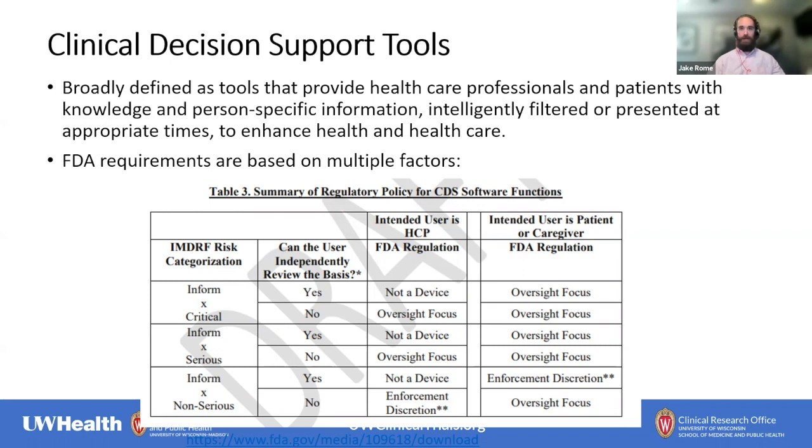And it's really going to depend on how sophisticated that algorithm is. So if you're talking about using any sort of artificial intelligence or machine learning, that's when it gets complicated. That's when a healthcare provider is not going to be able to discern why a recommendation was made, and that's where it's going to be more likely to be regulated as a medical device.